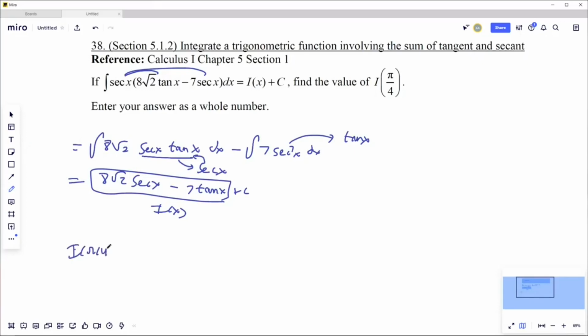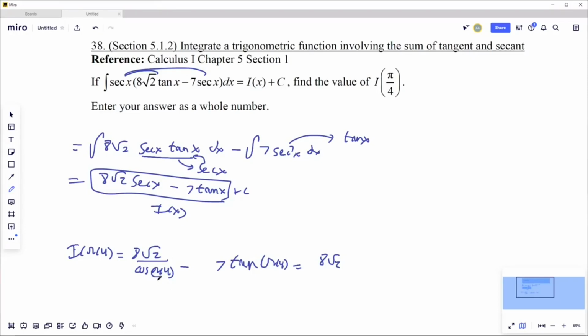So I of pi over 4 is equal to, replacing pi over 4, 8 square root of 2 secant, which is nothing but 1 over cosine, so cosine of pi over 4, minus 7 times tan of pi over 4. First of all, cosine of pi over 4 gives you 1 over radical 2, or radical 2 over 2, same thing.